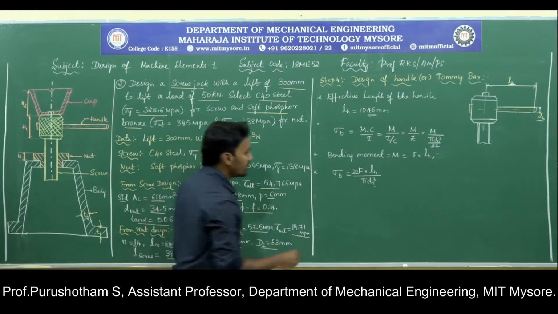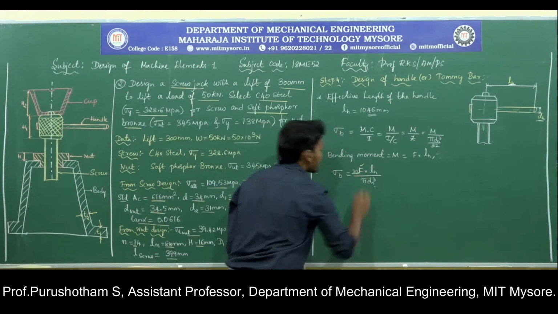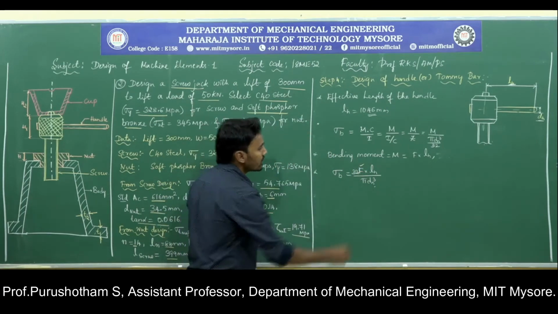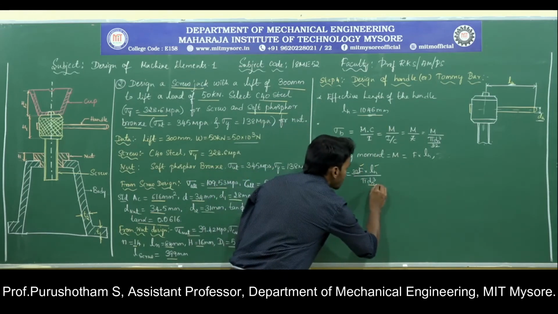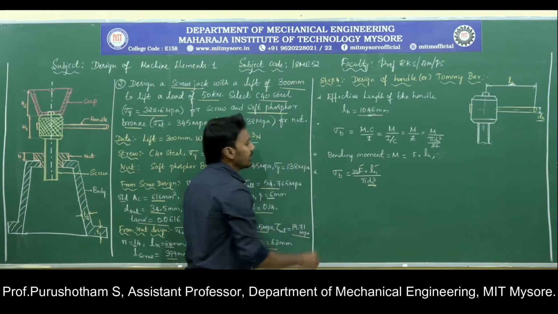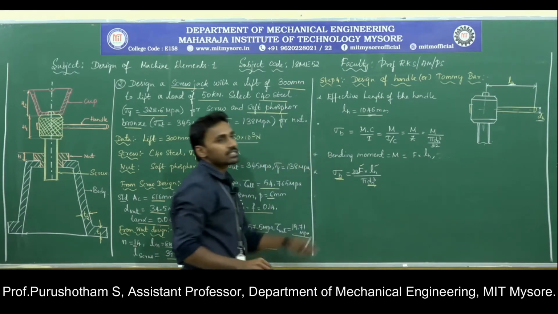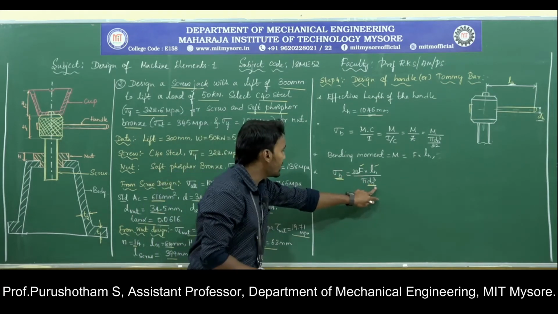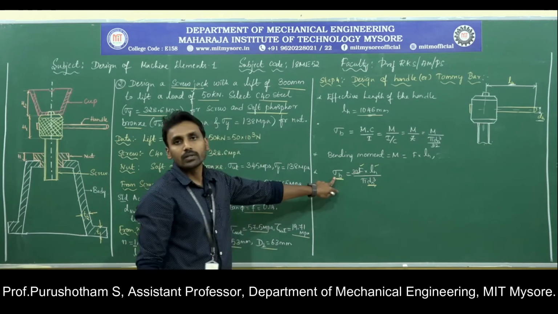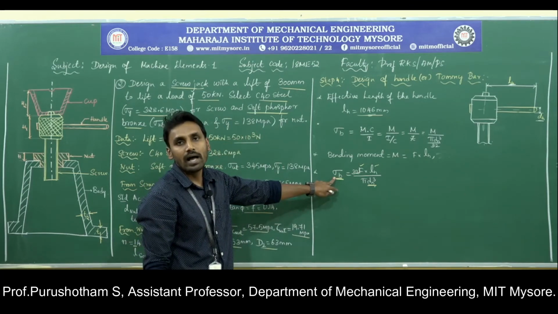Now in this equation, the F value is known, that is 300 Newton of force, and the length of the handle we just found out. The diameter of the handle is still unknown, and the allowable stress in the handle is also unknown. To calculate the diameter of the handle, I need the allowable stress in the handle.